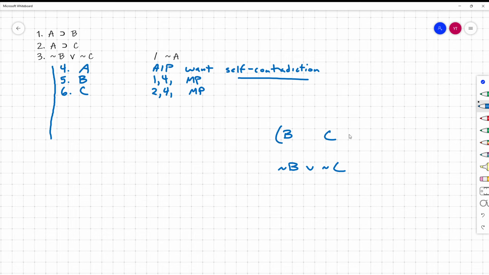But we've just been told in lines 5 and 6 that B and C both happen, but line 3 is telling us that at least one of them doesn't happen. We actually have our contradiction already. Of course, it doesn't look like a contradiction, and so for rule IP, it doesn't count, okay?